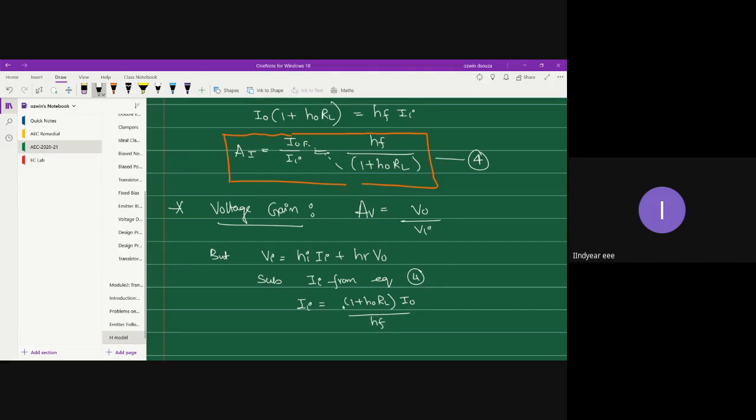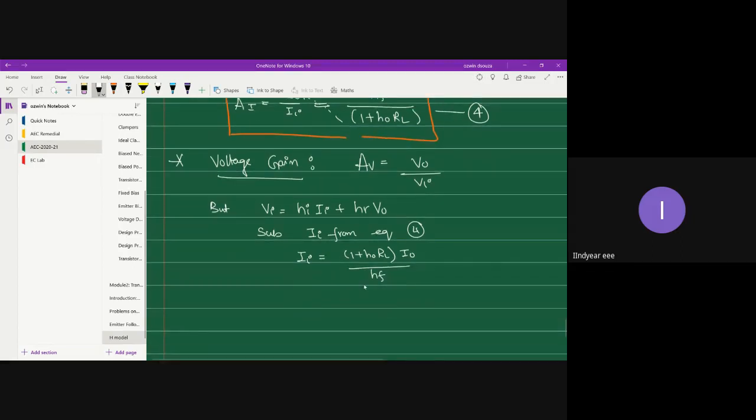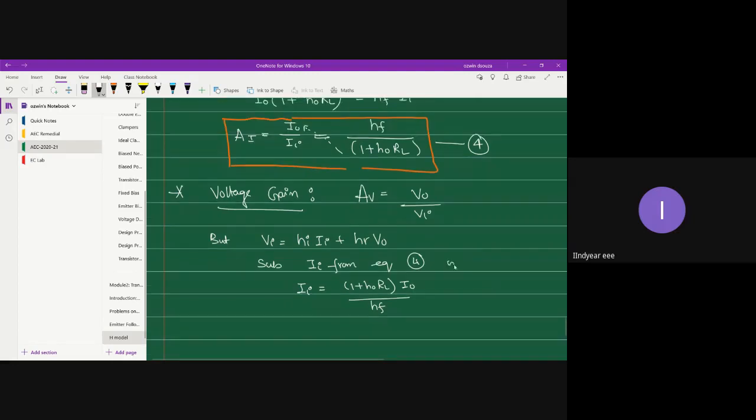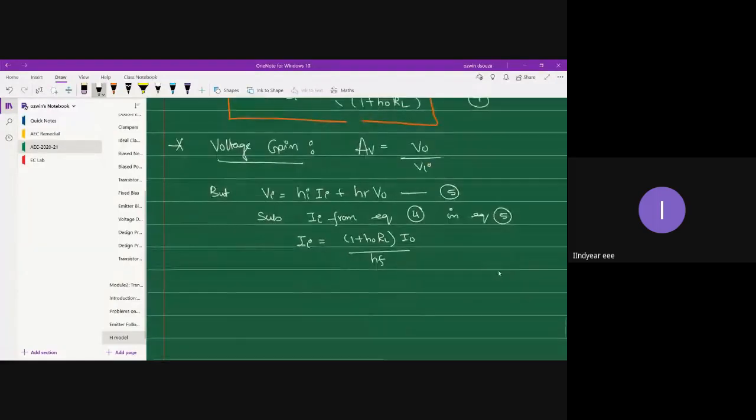So substitute II from equation 4 in equation 5. Okay, so let's do that.